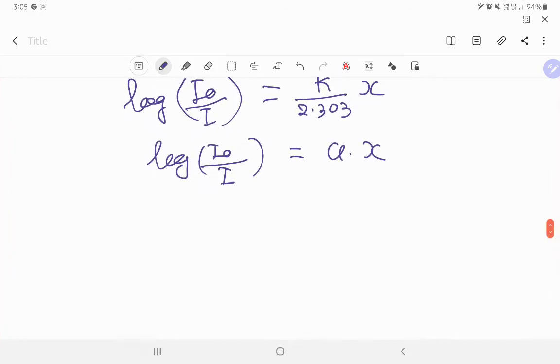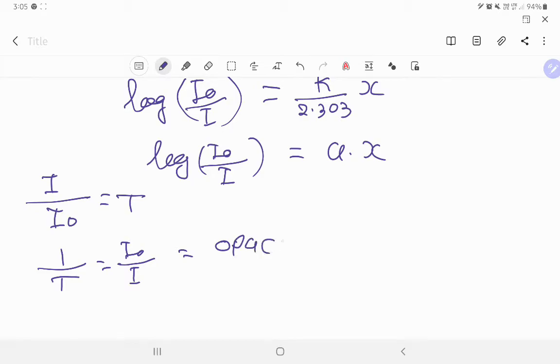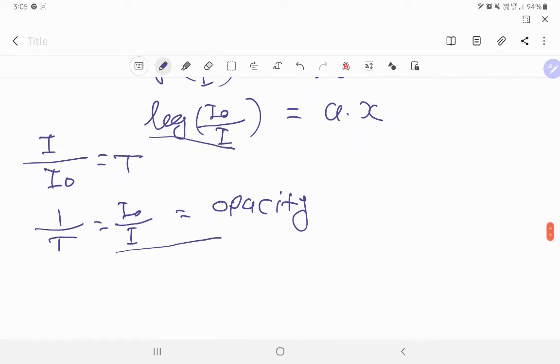What is this I0 upon I? It is called opacity. I upon I0 is called transmittance. The reciprocal of transmittance, that means I0 upon I, is called opacity, and the logarithm of opacity is called optical density.